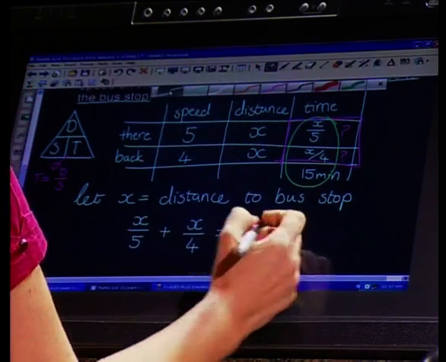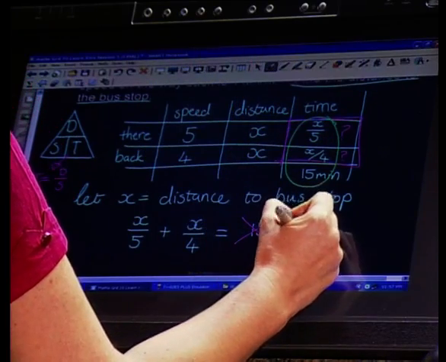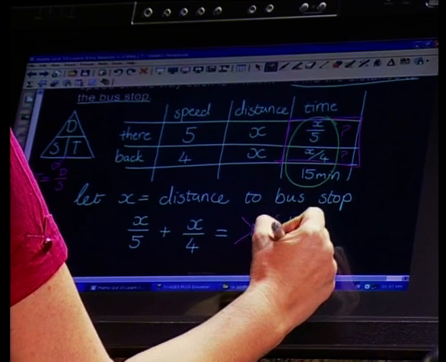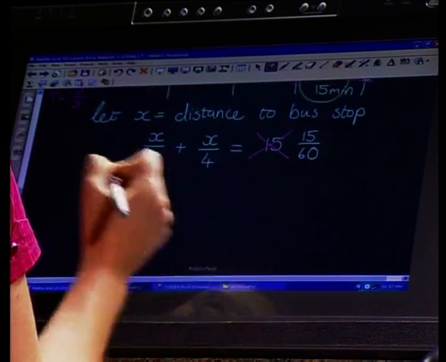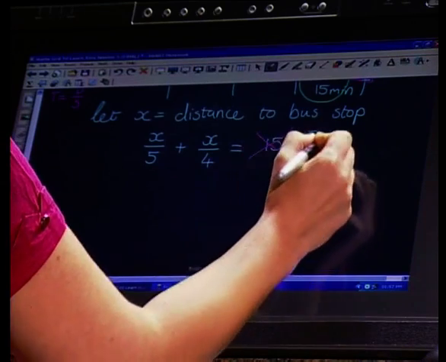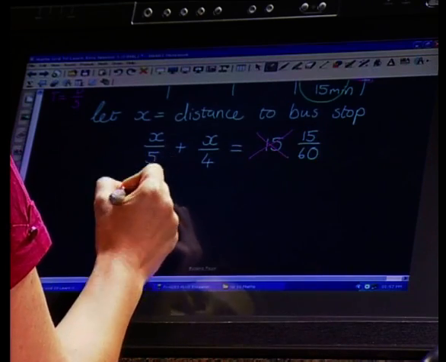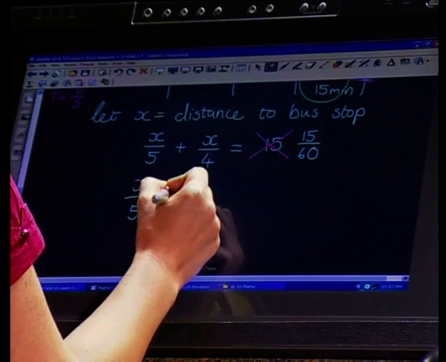If you want to change minutes to an hour, you just put the minutes over 60 to indicate that they are 15 minutes out of 60. Let's do that. So rather than writing 15, I'm going to write 15 over 60. Okay, I'm going to simplify that fraction first before looking for a common denominator.